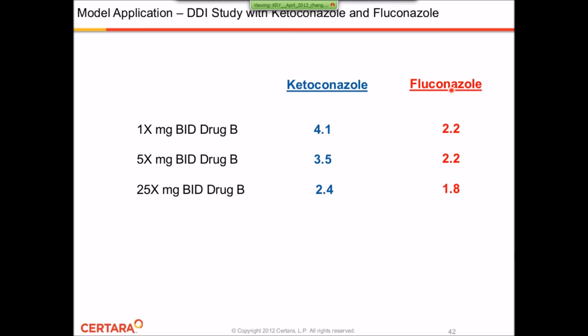And what we were able to do is show that as you go from 1x to 25x, again, we see this susceptibility to drug-drug interaction decreasing, but not as strongly as in the case of ketoconazole, because here we're looking at a moderate inhibitor versus a strong inhibitor. So this is just an example of how we've developed a model, how we've used clinical data to refine the model, and then applied the model prospectively to inform the design of prospective clinical studies, including investigation of a moderate inhibitor.